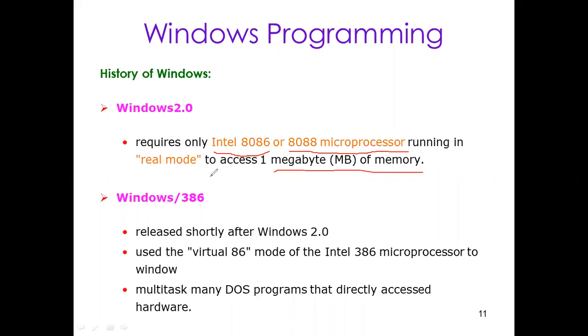Now after that we have something called Windows 386, which was released shortly after Windows 2.0. It used virtual 86 mode for the Intel. This is specific for this microprocessor.